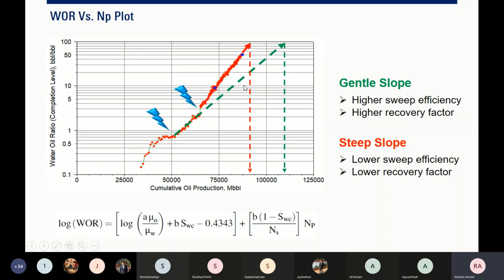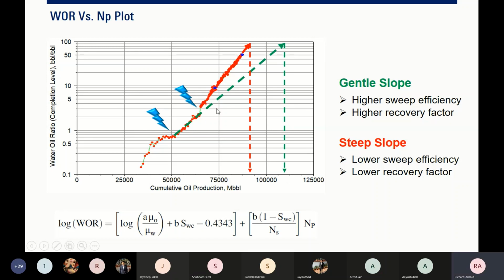Okay, finally, you can see if you forecast the period with gentle slope, if you forecast to the cut-off water oil ratio, you can actually obtain cumulative oil production of more than 100,000.